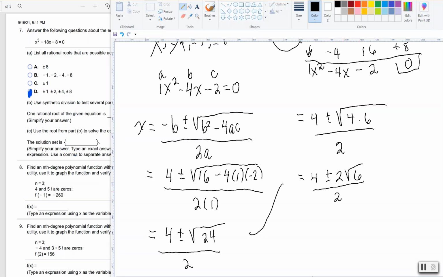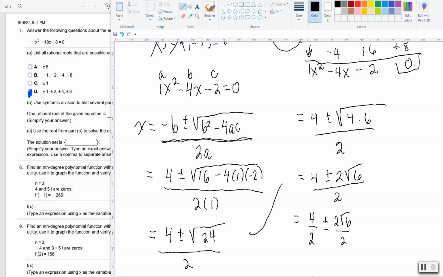Here's where you have to be really careful. If you cancel out those 2s, you will miss this. This 2 denominator is a common denominator that belongs to both. That's why we say all over 2a. So it's 4 over 2 plus and minus 2 square root of 6 over 2.